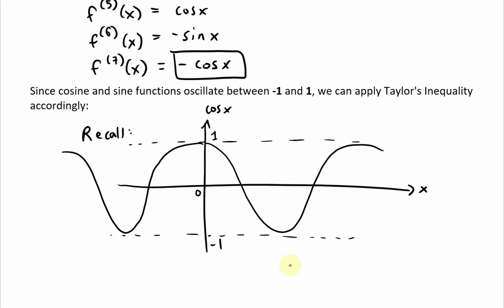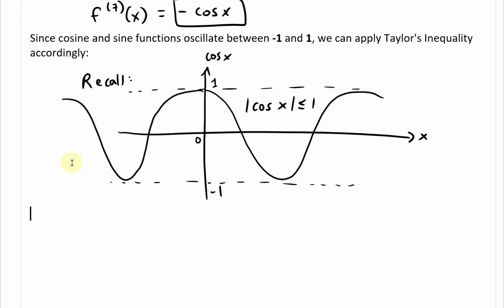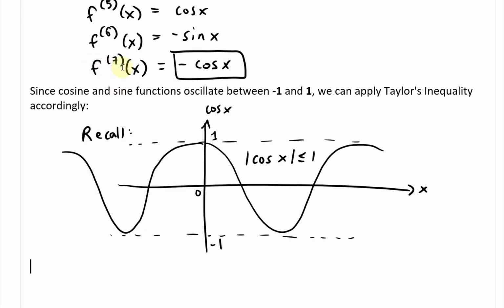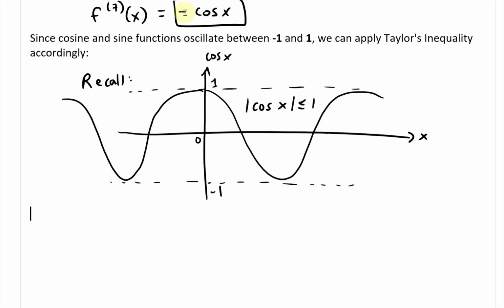So in other words, we have the absolute value of cosine of x is less than or equal to 1. Thus in our case, the 7th derivative is equal to negative cosine of x.